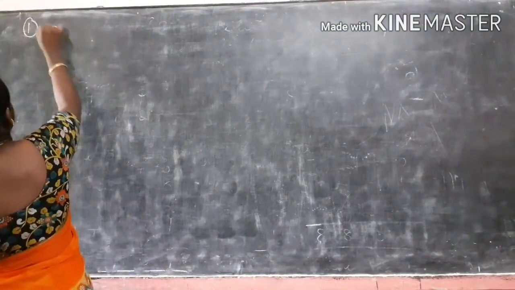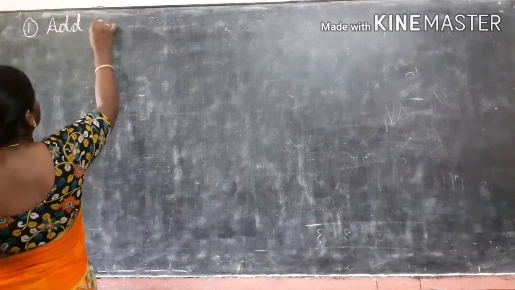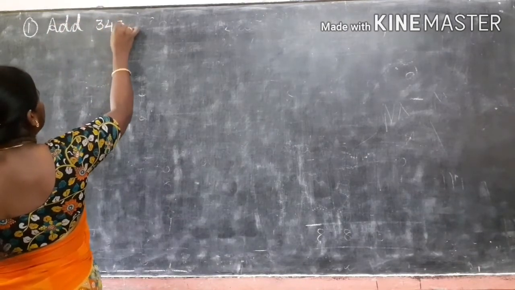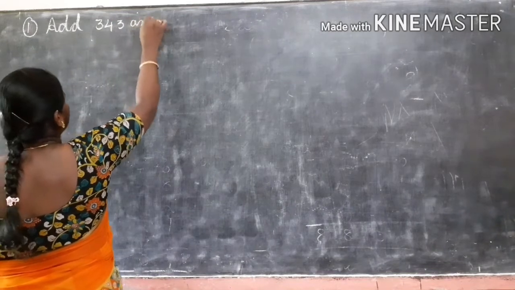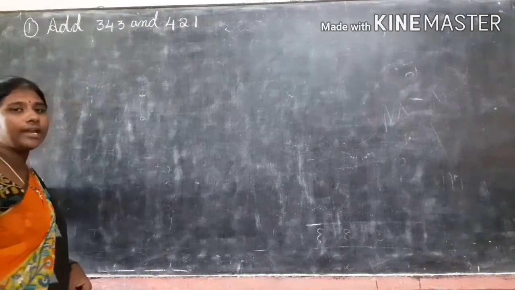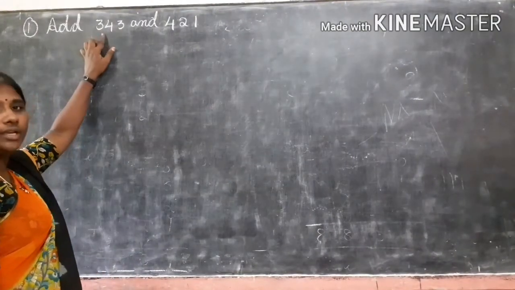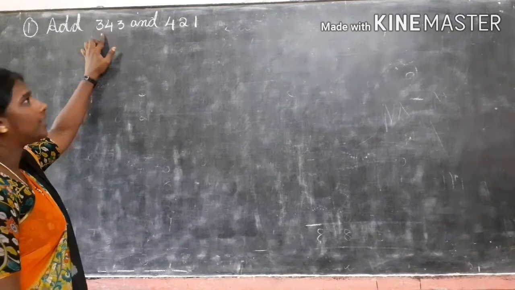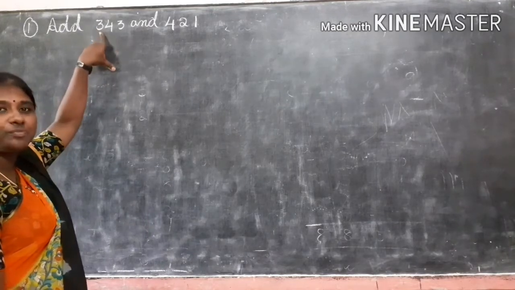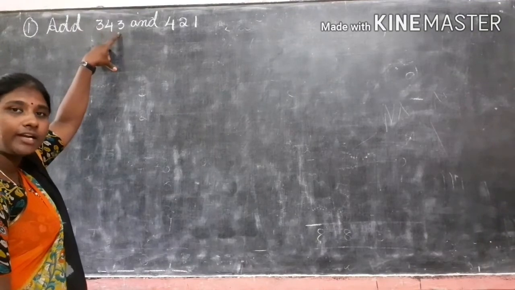First one is add 343 and 421. If you observe here, 343 starts from the hundreds place.